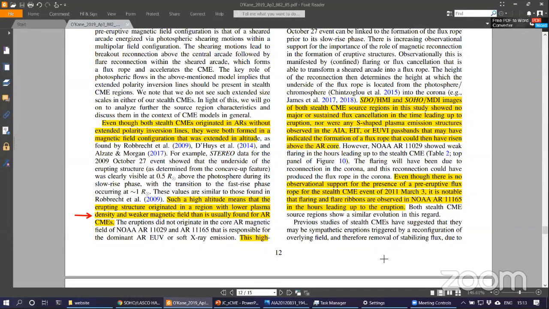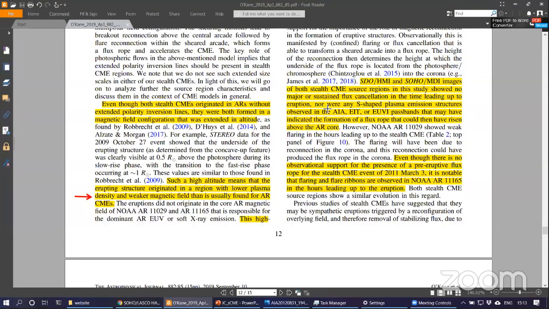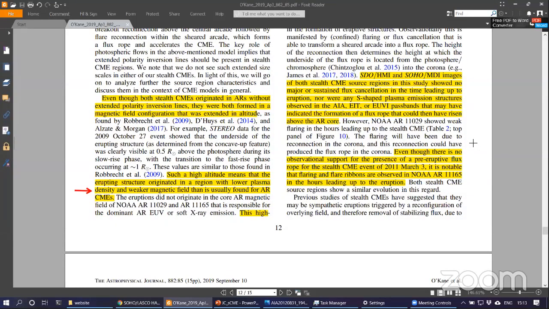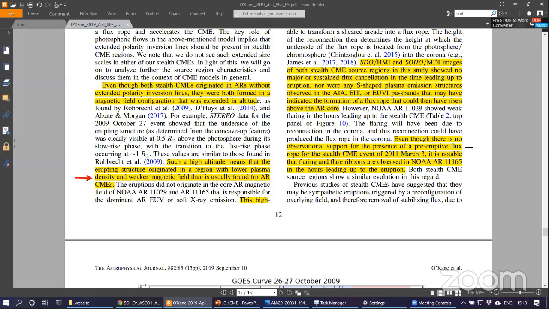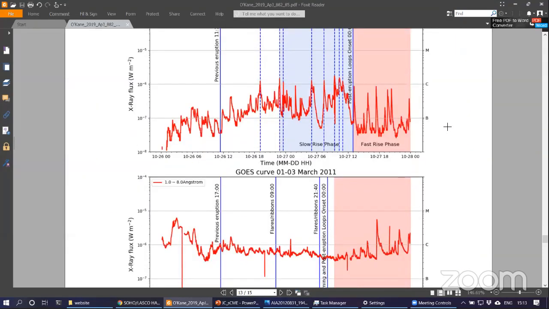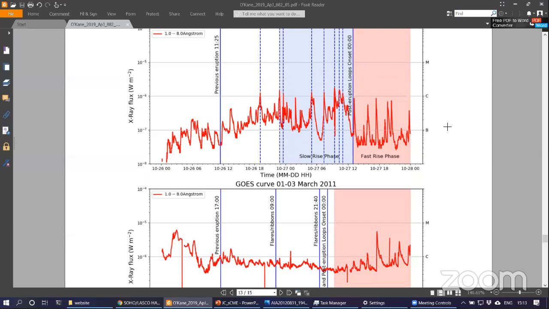Okay, I guess there are some more points. Yeah, they are again talking about the active region. They have also looked into the GOES X-ray flux, which is a near Earth observation of the X-ray flux.